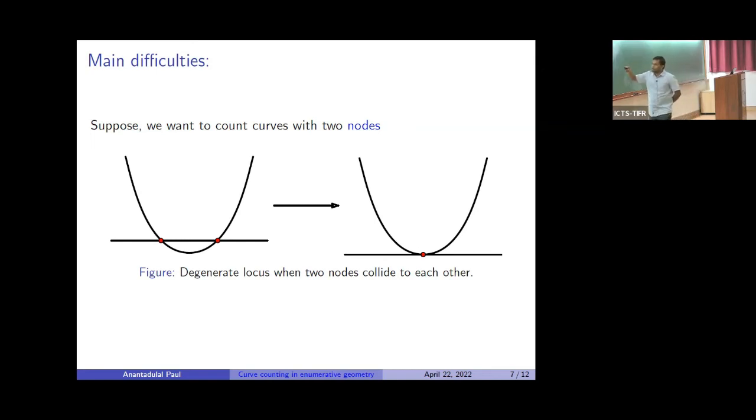There are 2 levels of difficulty. One is that when you are considering delta many nodes, you have to know what other bad things it degenerates to. Once you identify that, you also have to compute its contribution to the calculation. They have systematically done that, which is why these problems are very difficult to explore.